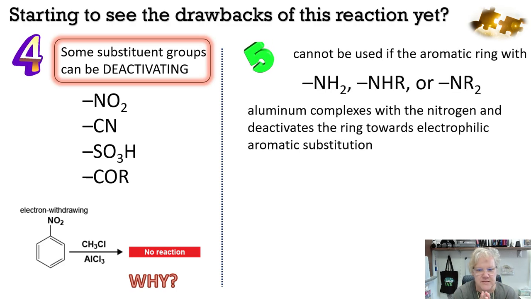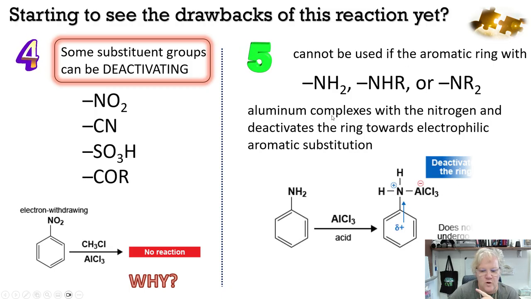Okay, last but not least, number 5. If you already have an amine substituent on your ring, so instead of a nitro here, you have an amine sitting on your ring, aluminum likes amine so much that instead of running your substitution, that aluminum sits on that amine, and it sits there very happy because it pulls lots of electron density up into this nitrogen and into that aluminum.